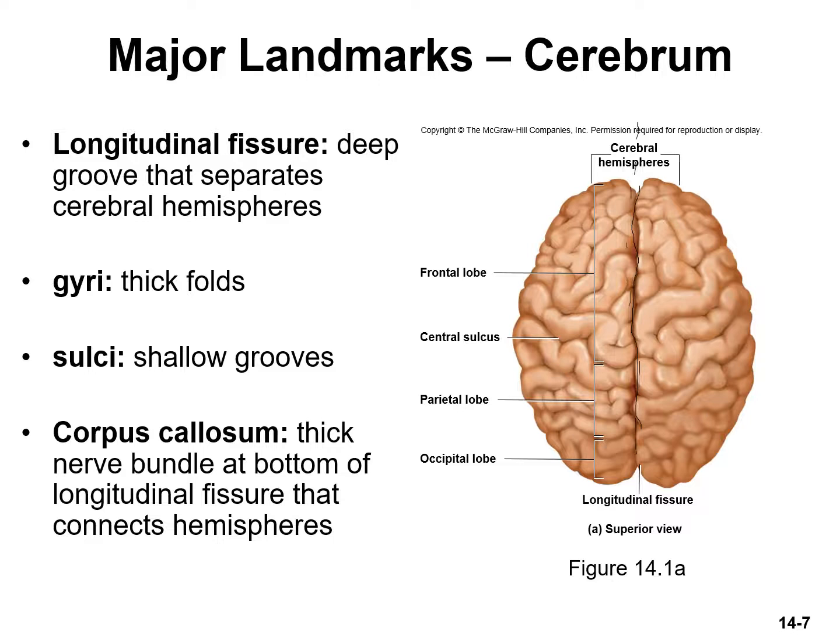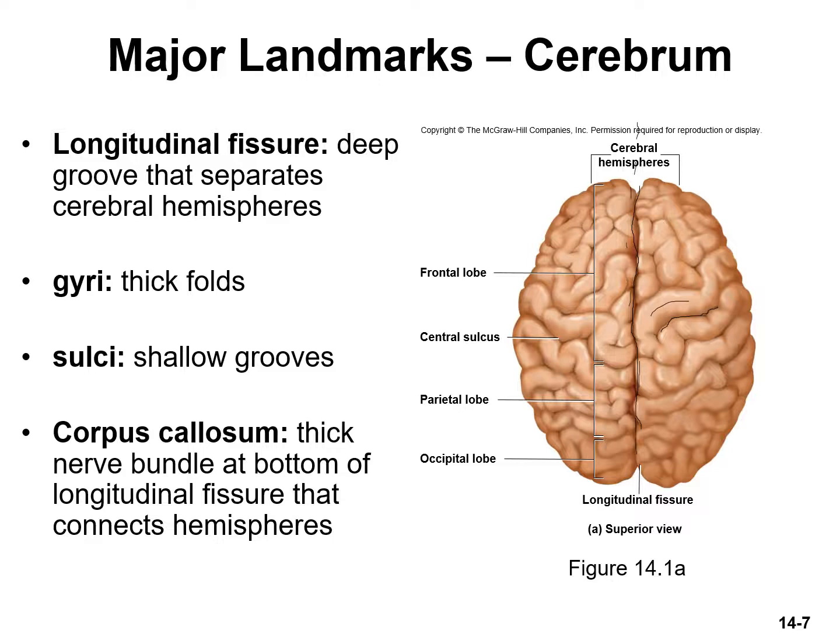The gyri, as I mentioned, are these thick folds, and then the sulci are these recessed areas between the folds, the grooves between the folds. Now, think about the functionality of having this highly folded structure.